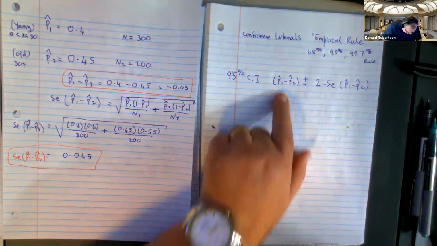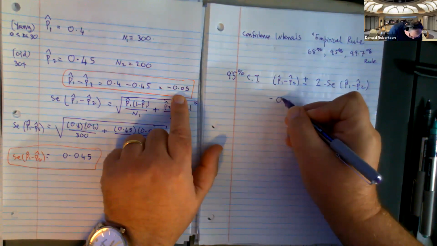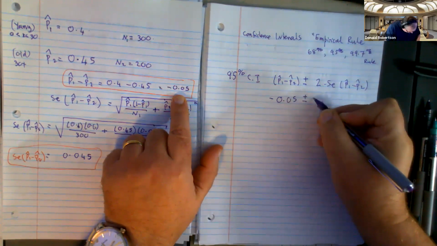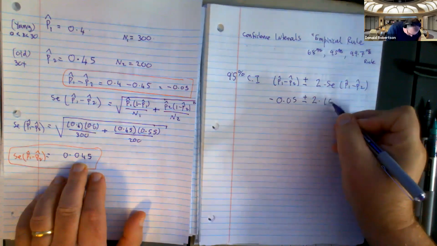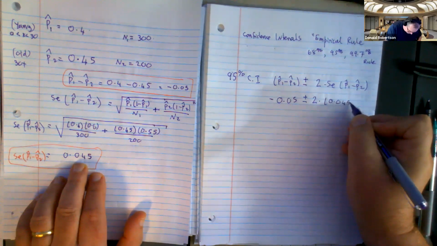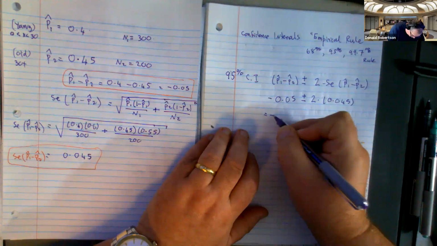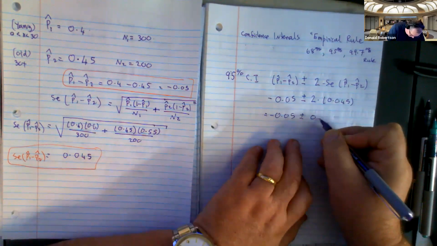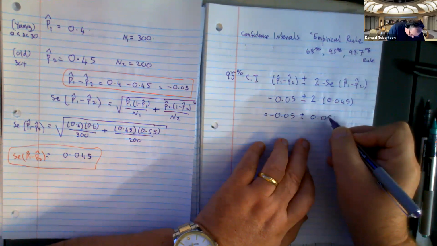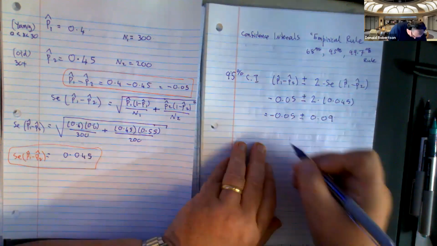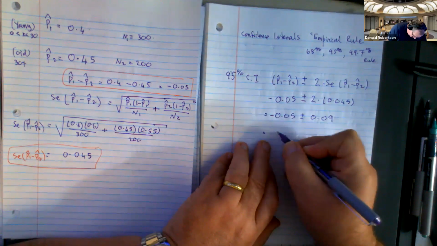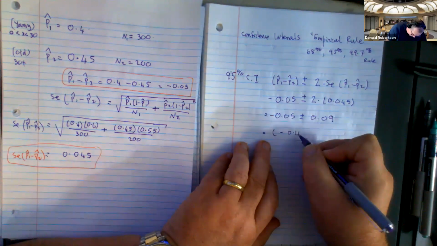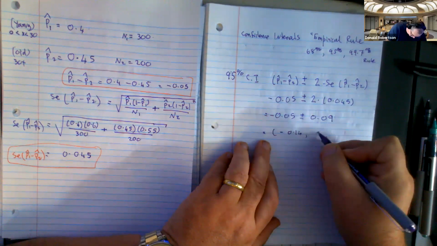Now we know this guy, he is negative 0.05 plus or minus 2 times this guy. So it's going to be negative 0.05 plus or minus 0.09. And that's going to be, well, if you take it away, negative 0.14, and if you add it, 0.04.